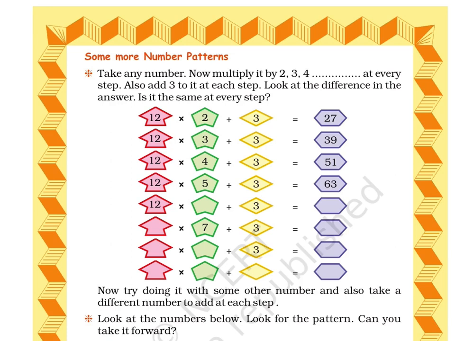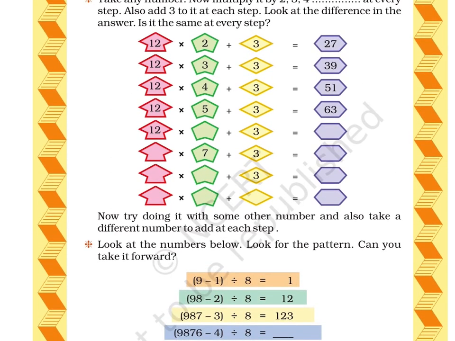Dash multiplied by 7 plus 3 is equal to dash. Dash multiplied by dash plus 3 is equal to dash. Dash multiplied by dash plus dash is equal to dash.